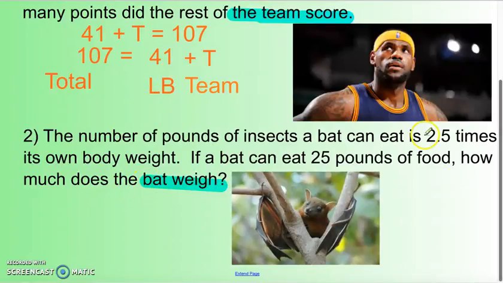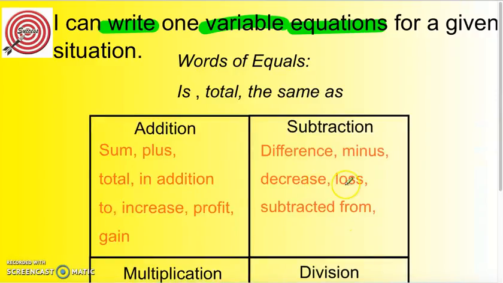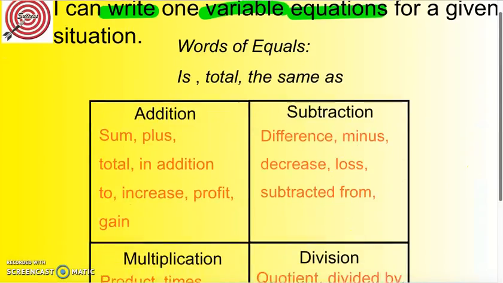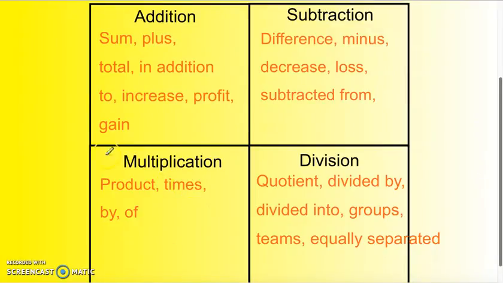And we know that it eats 2.5 times its own body weight. So whatever its weight is, it actually eats more than that. It eats 2.5 times. There's a key word. If we go back to here, remember, times means multiplication.